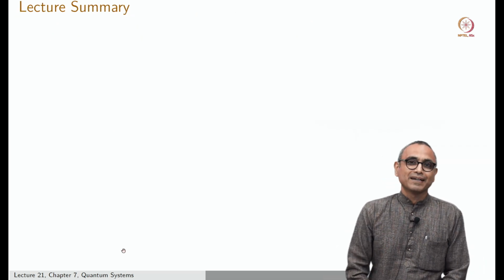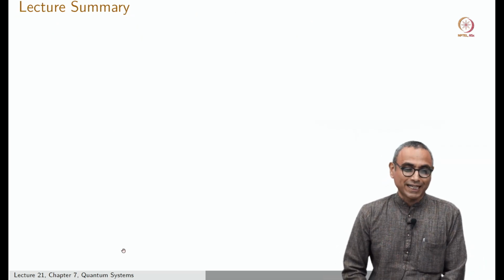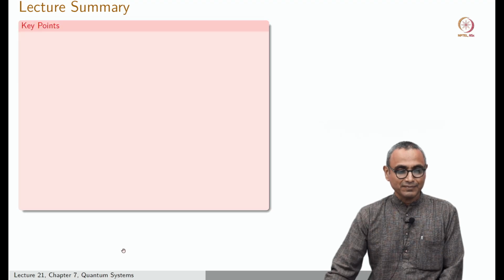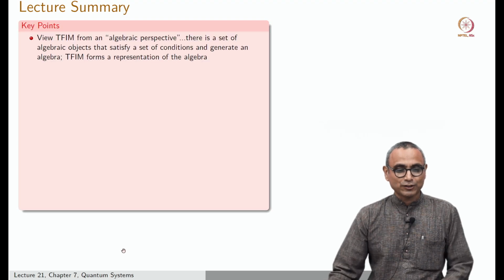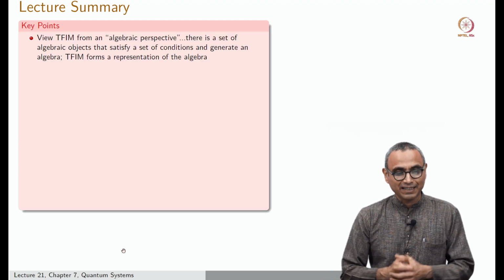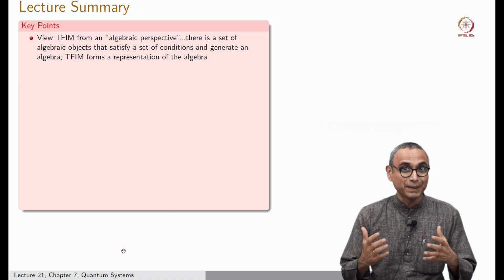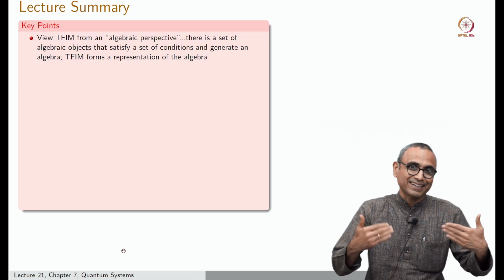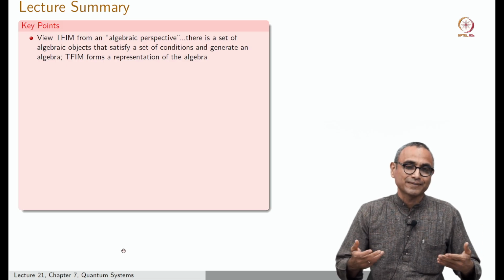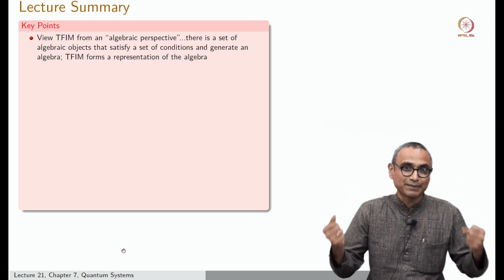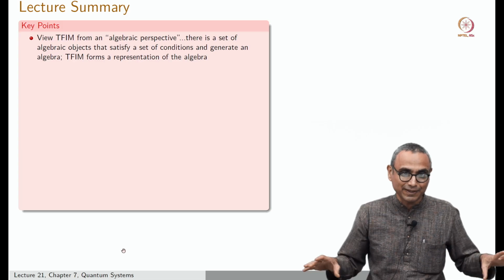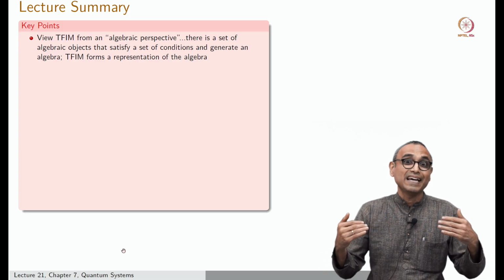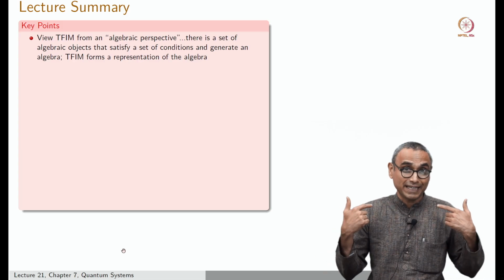Okay, so I would like to conclude the lecture now. The main points we saw in this lecture: we gave an algebraic perspective to the transverse field Ising model. We looked at the operator content of the model and abstracted out an algebra, and then we treated the transverse field Ising model Hilbert space as a vector space on which this algebra can be represented.